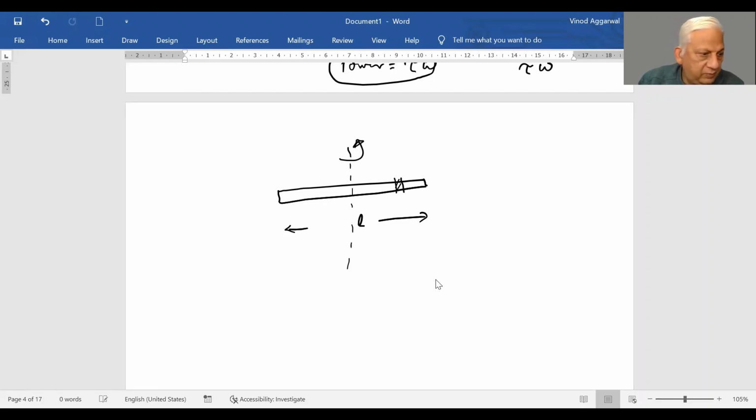Let us say the width of this slice is dx and it is at a distance x from its axis of rotation. Then we can always say small dI is equal to small mass into x square, because x is the distance and this is the mass. And what is it?